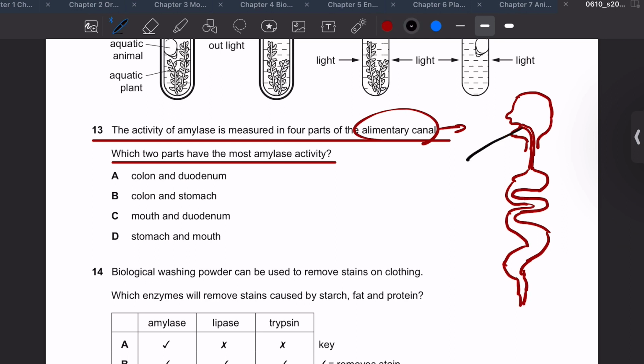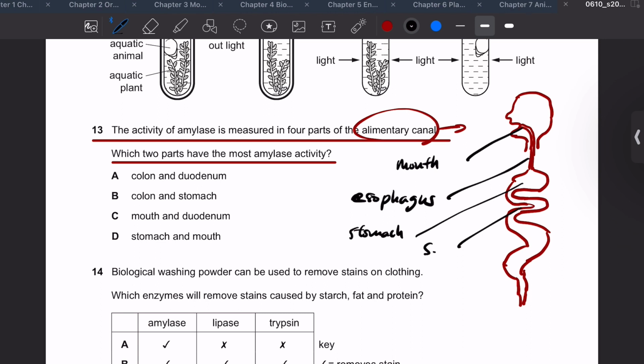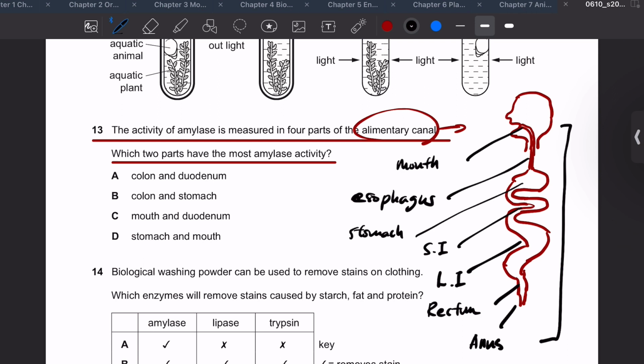So mouth, esophagus, stomach, small intestine, large intestine, rectum, and anus. All these organs are collectively called the alimentary canal.